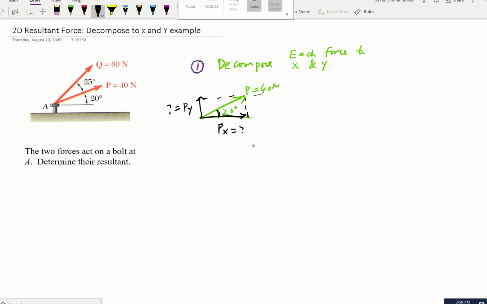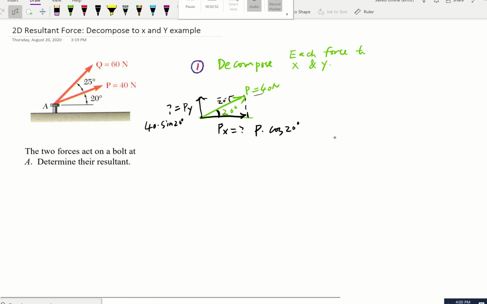Is that adjacent or opposite? It's adjacent. So we're going to use P times cosine of 20 degrees. And for this force Py, this angle is 20, so Py is going to be 40 times sine 20 degrees, because it's opposite to that angle.